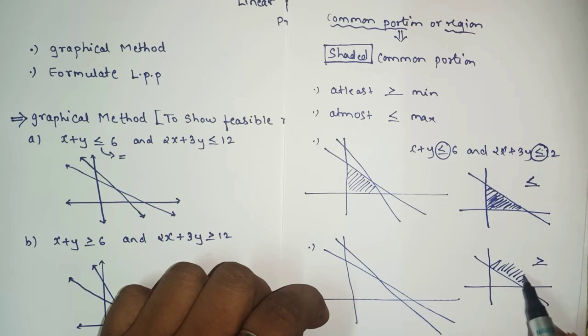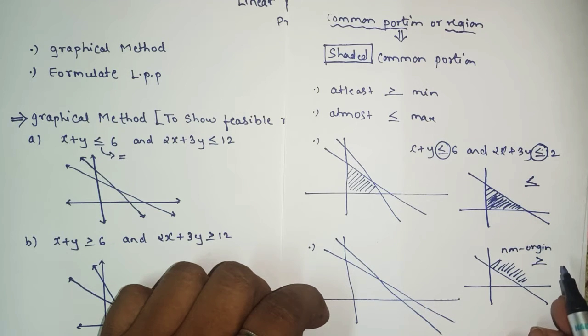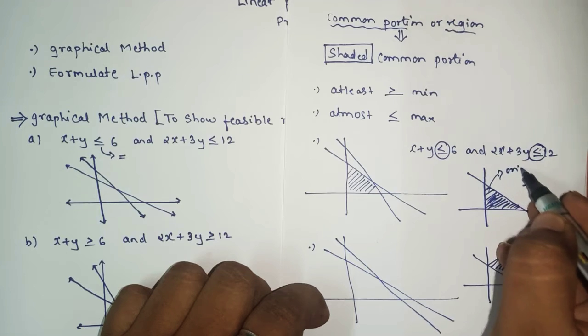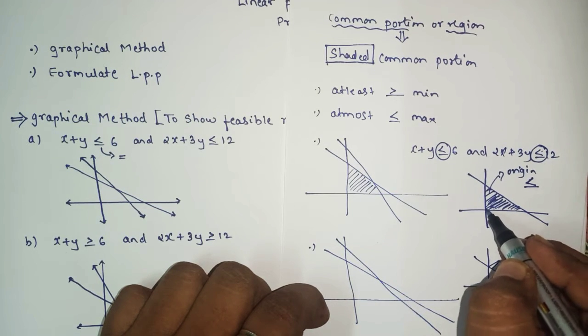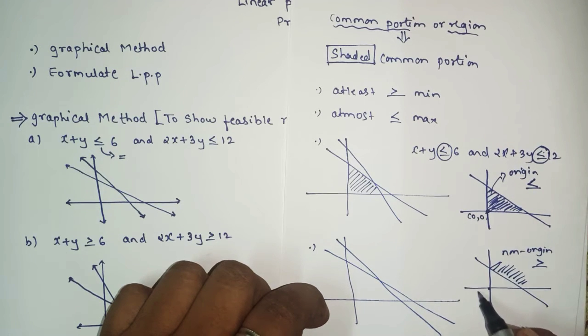So here I will use the word non-origin, as this shaded region is not touching the origin, and this I will say origin, as here the shaded region is touching the origin. So this is known as what? Origin, 0 comma 0. Yes or no?